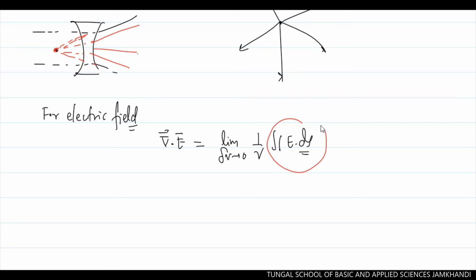We already know this as the electric flux. Now, if this electric flux in an electric field is coming out of a single point, then we define that as a divergence.